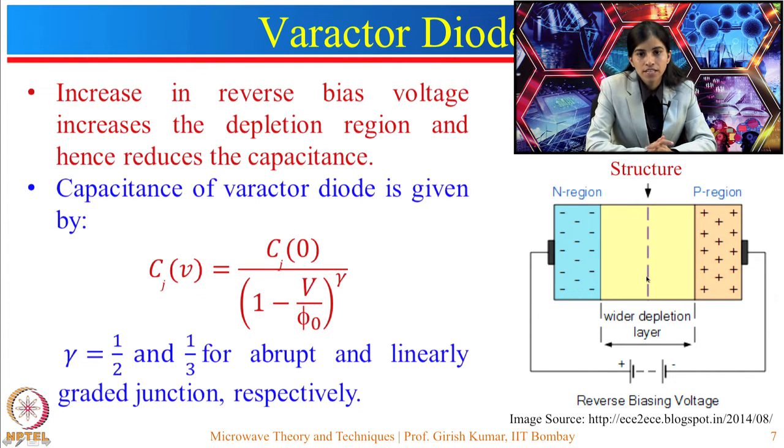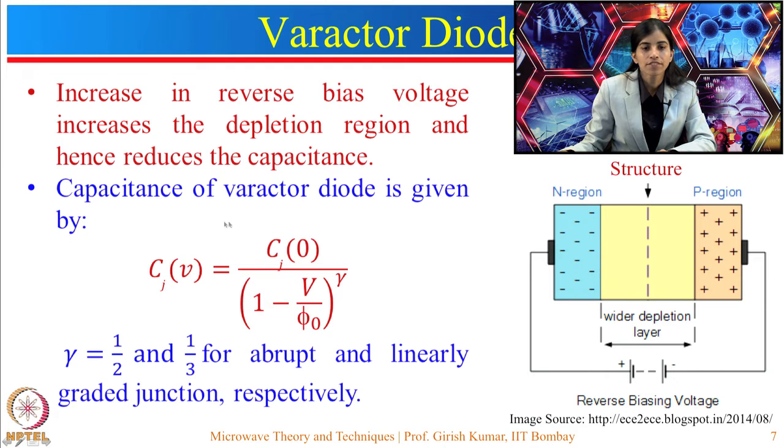So now we know in case of parallel plate capacitor, the capacitance is given by epsilon A by D, where D is the width of the insulating material. So if we increase the reverse bias voltage, the width of the depletion layer will increase, so the capacitance will decrease. Therefore with increase in reverse bias voltage, the depletion region increases and the capacitance reduces.